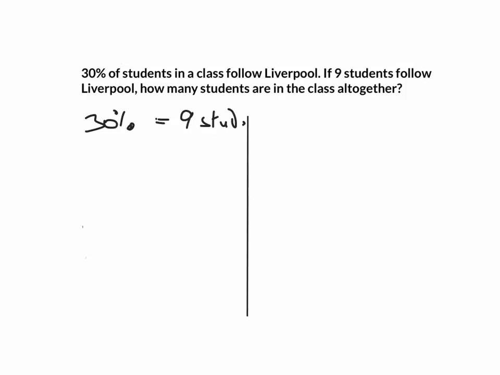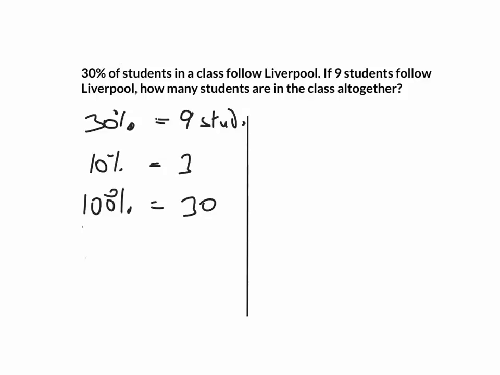So I need to go from 30% to 100%. So what I could do is go down to 10% by dividing by 3. So 3 into 9 goes 3. So we know that 10% is the equivalent of 3 students, and to get what 100% is, we need to multiply by 10. So 100% would be the equivalent of 30 students.